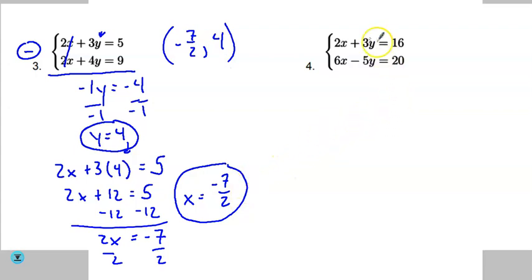All right, so hopefully you're like, well, can't do number 4. And you can do number 4. You just can't do the method we've been talking about. This one doesn't match. There's no x that matches up. There's no y that matches up. And this is really what the next lesson is all about. What do you do in this case?